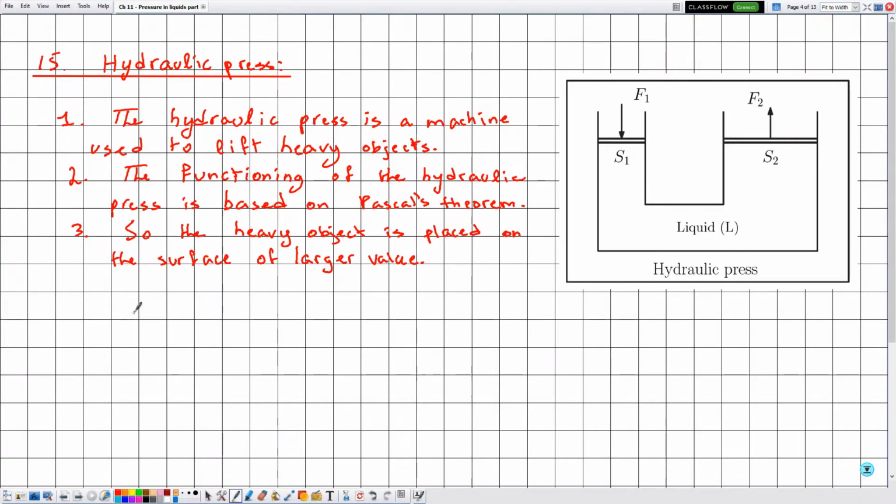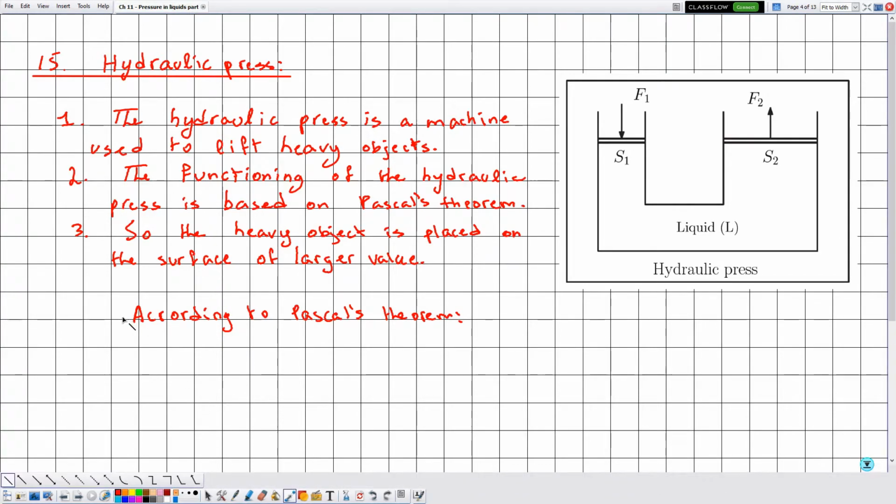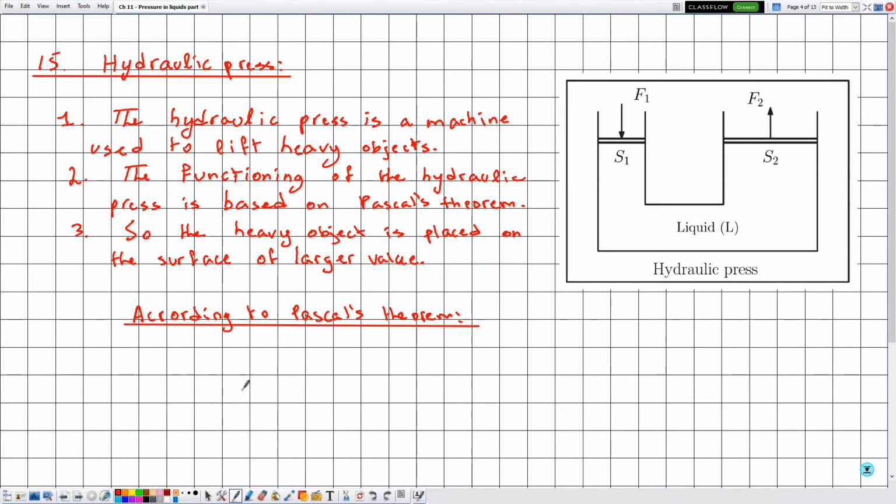So according to Pascal's theorem, we have that pressure at point 1, corresponding for the branch 1, is equal to the pressure at the point 2, corresponding for the branch 2.